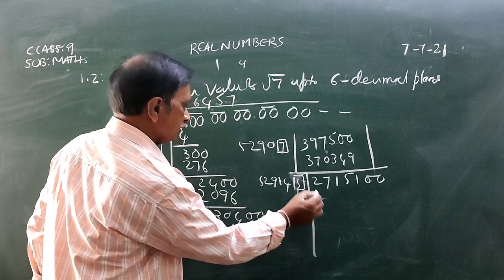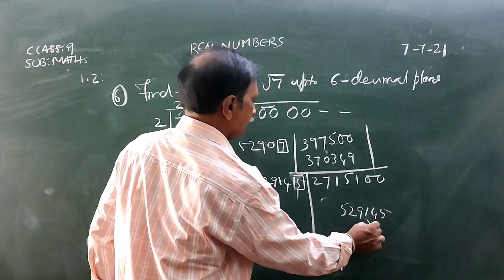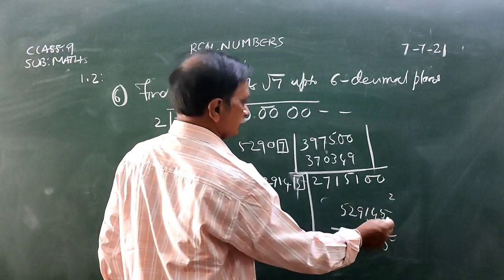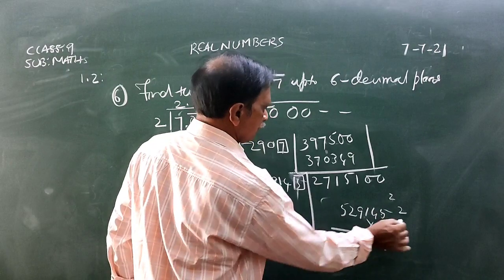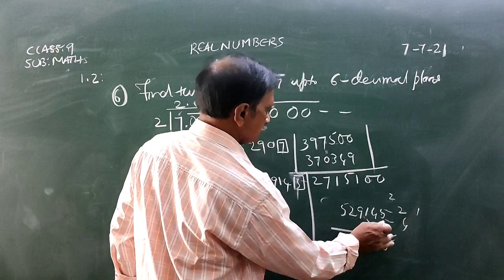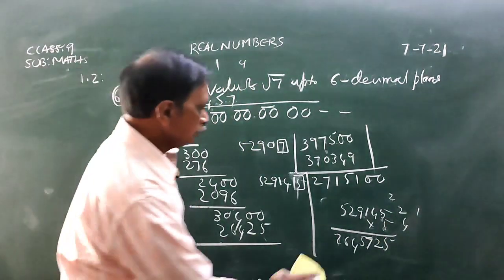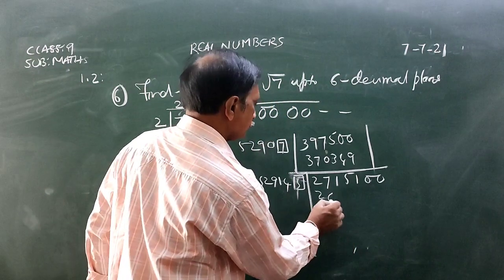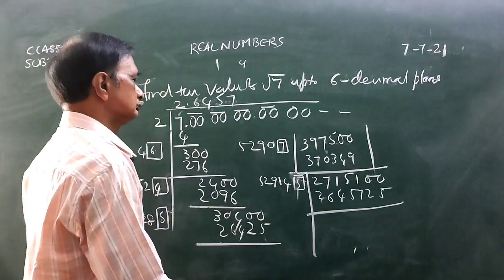If you write 5 here, 5291 4 5 into 5. 5 fives 25, 5 fours 20 plus 2 22, 5 ones 5 plus 2 is 7, 5 nines 45, 5 twos 10 plus 2 14, 26. Subtract.